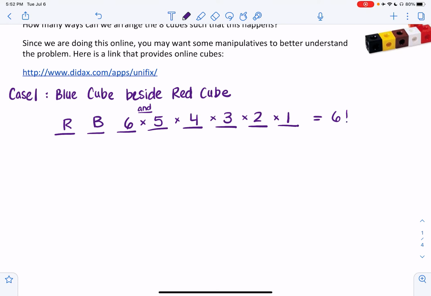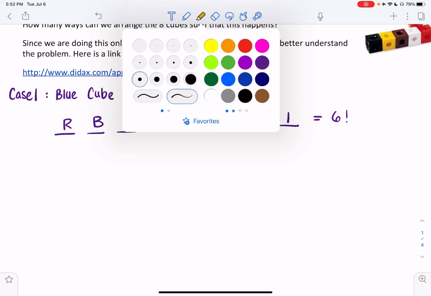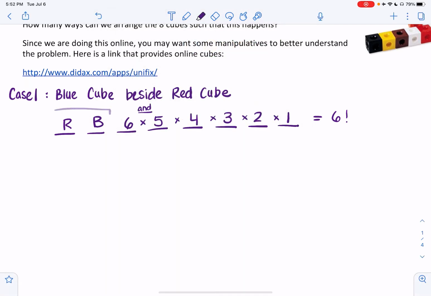Now next, for my red and blue cubes, there are a few different spots where that red and blue cube can live. That red and blue cube could be together here. They also could be in that spot instead, or maybe they're in this spot, or this spot.